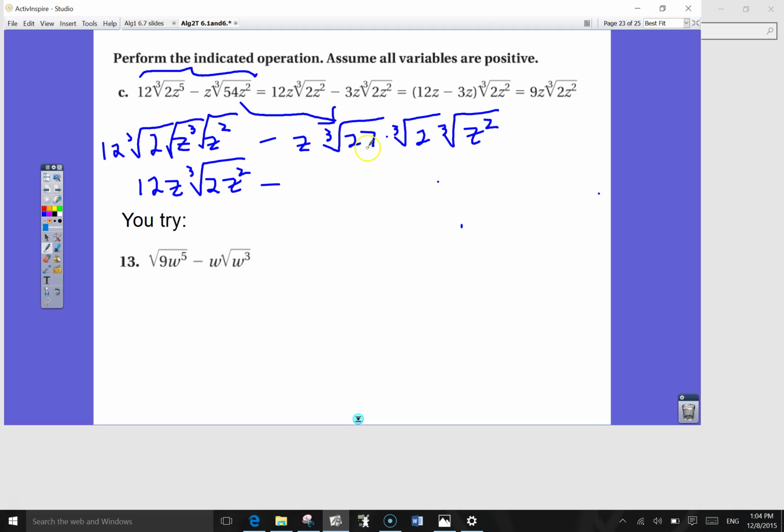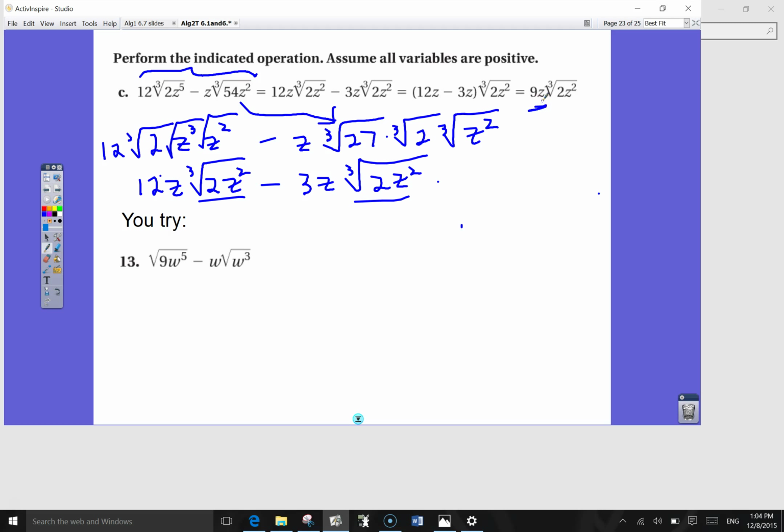So that's going to give us 3z times the cube root of 2z squared. So by doing that, now we do have like radicals. Right? They're both cube roots, and 2z squared is the same radicand. Now, how do you simplify this subtraction? You say 12z minus 3z, which is 9z.